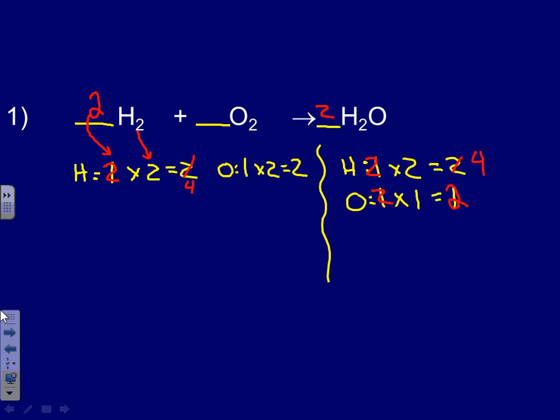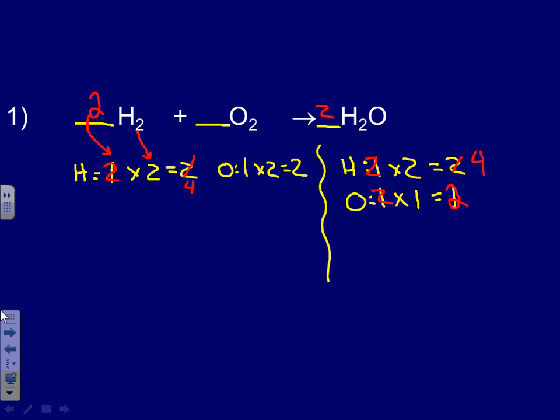I could have done this a little quicker if I didn't need to rely on all of these numbers. This is the way I do it because I've done it for years. I look at this 2 and I look at this 1 and I know I'm in trouble right away. So what I do is the opposite. I take that 2 and I put it there as a coefficient.